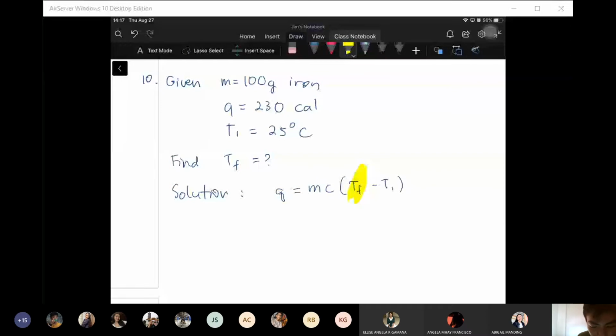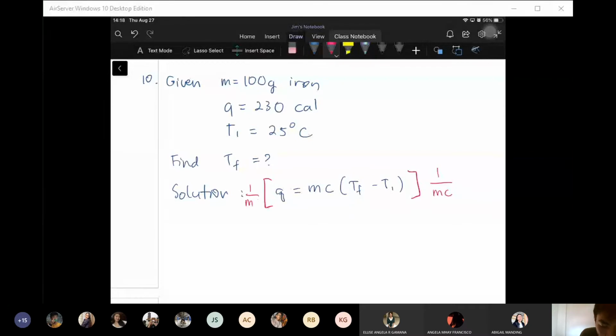So, we are going to write an equation that is exclusive for TF. Meaning lang nun, magko-cross multiply tayo to write an equation na si TF yung nasa isang side lang. So, all we have to do is divide both sides muna by MC.